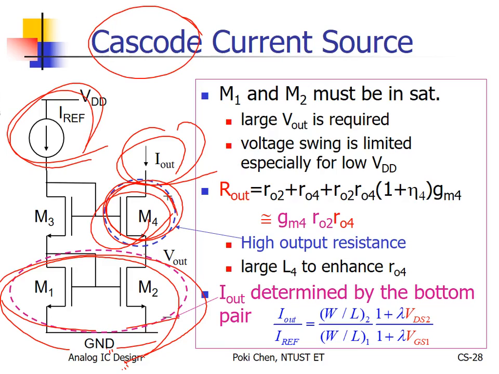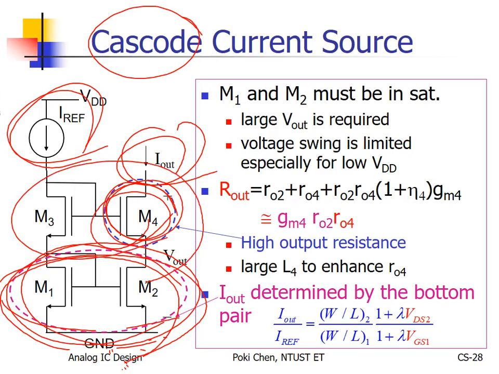Okay? There must be something wrong with your sizes, your bias, or even your layout, because after layout, you get a lot of parasitics. If the ratio is incorrect, first of all, you need to focus on this. The others, I cannot say they have no impact on your output current. No, they still have some, but much, much less than this one.